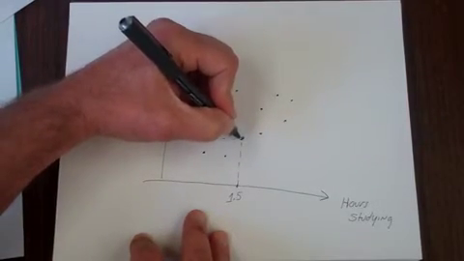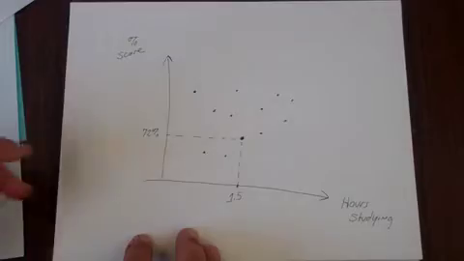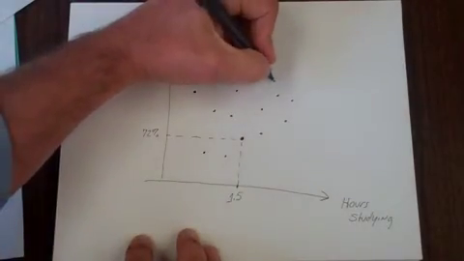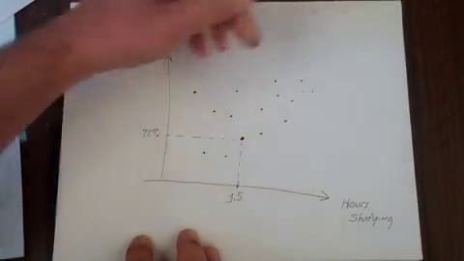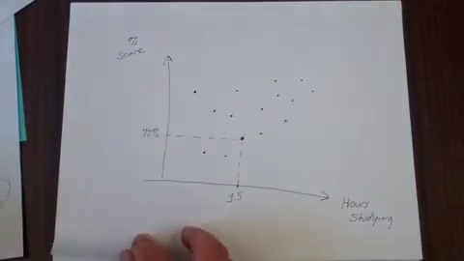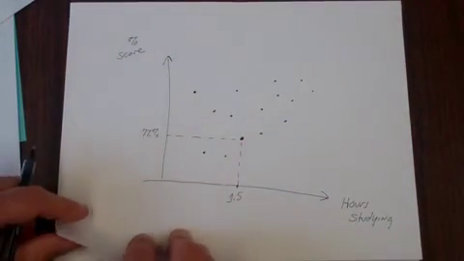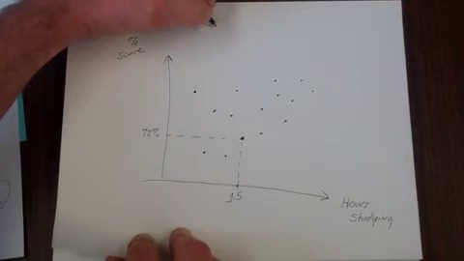That would be that value right there. And then if you look at the different values, that would give you a general relationship between the percentage score and the hours studied, and that's called a scatter plot.